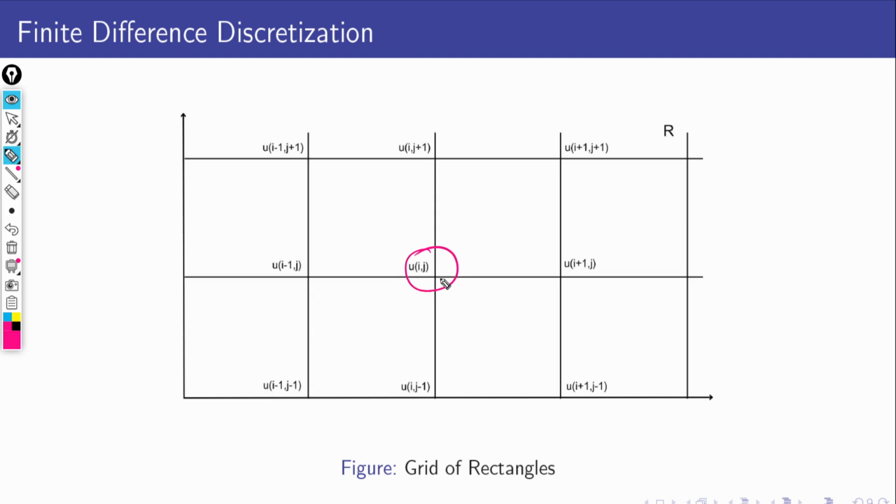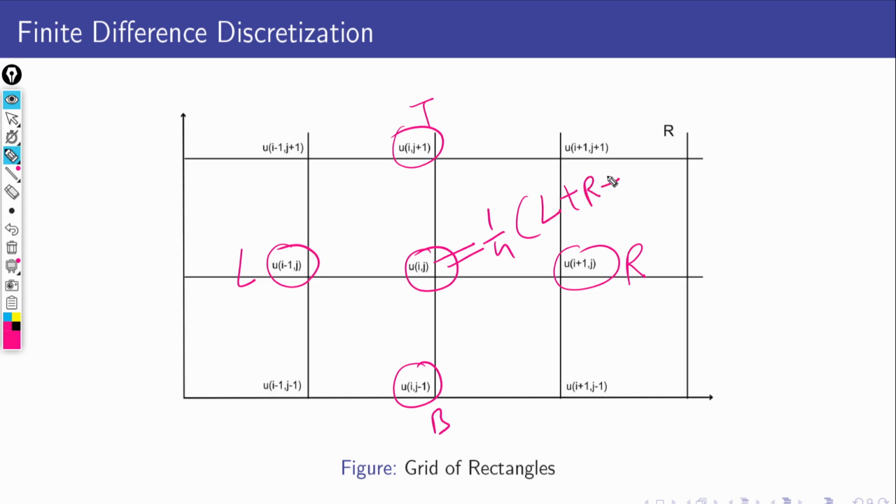This is the uij, which we need to obtain if its neighboring points are given. For the first scheme, which is the standard 5-point scheme, if we note this point is the left of uij and this is the right of uij, this is the top of uij and this is the below of uij, then uij will be equal to the mean of these 4 points, which is left plus right plus bottom plus top.